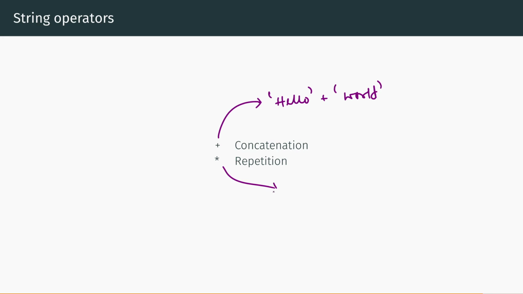But repetition is different. In repetition, what you have is one string such as hello and a number such as 3. So you cannot have something like hello and then some other string. Repetition needs a string and a number.